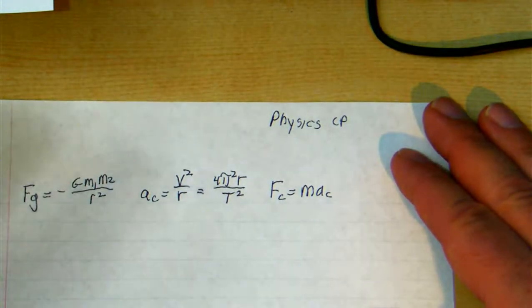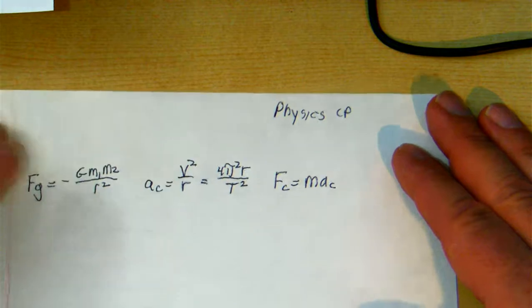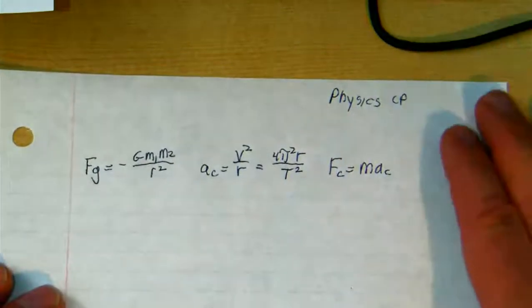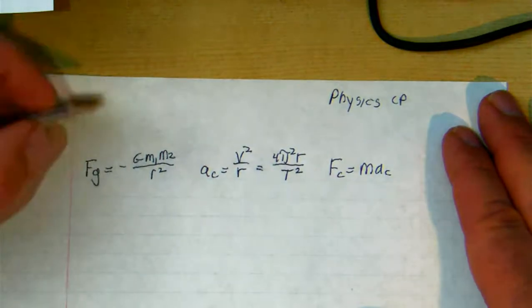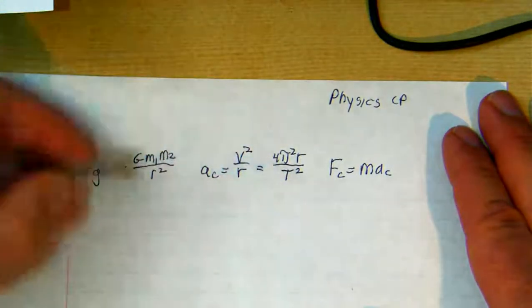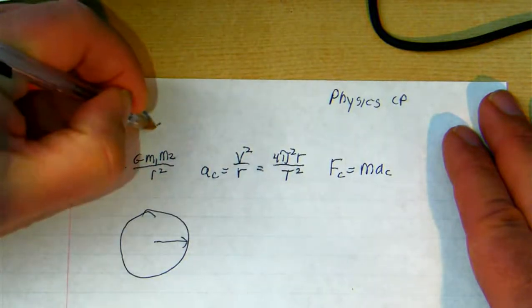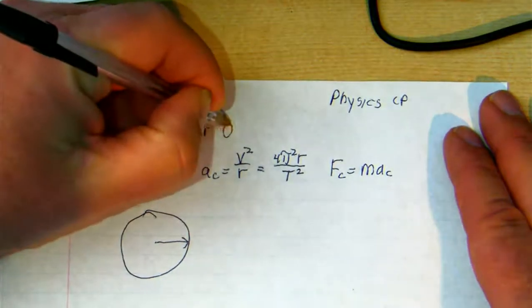I feel like I've done these well enough already, but I suppose it wouldn't hurt to just practice one more time doing equations like this one. So I'll start off with, and all of this is going to apply for circular motion only at this time.